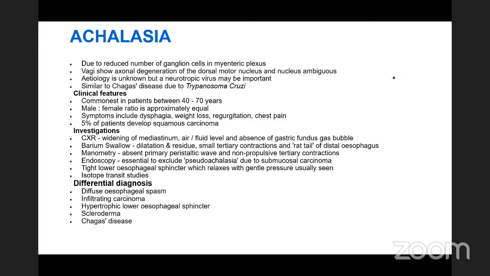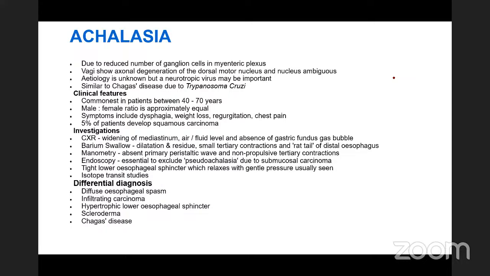Now, let's briefly look at achalasia. Achalasia is due to a reduced number of ganglion cells in the myenteric plexus. Vagi show axonal degeneration of the dorsal motor nucleus and nucleus ambiguus. The etiology is unknown, but a neurotropic virus may be important.